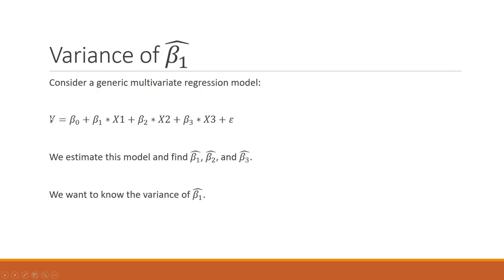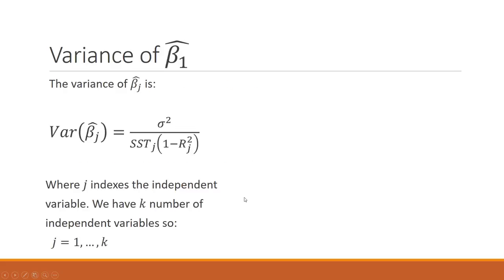We have a dependent variable y, and it's regressed on 3 independent variables, x1, x2, and x3. We estimate this model and find beta 1 hat, beta 2 hat, and beta 3 hat. We want to know the variance of beta 1 hat, so how do we calculate it?